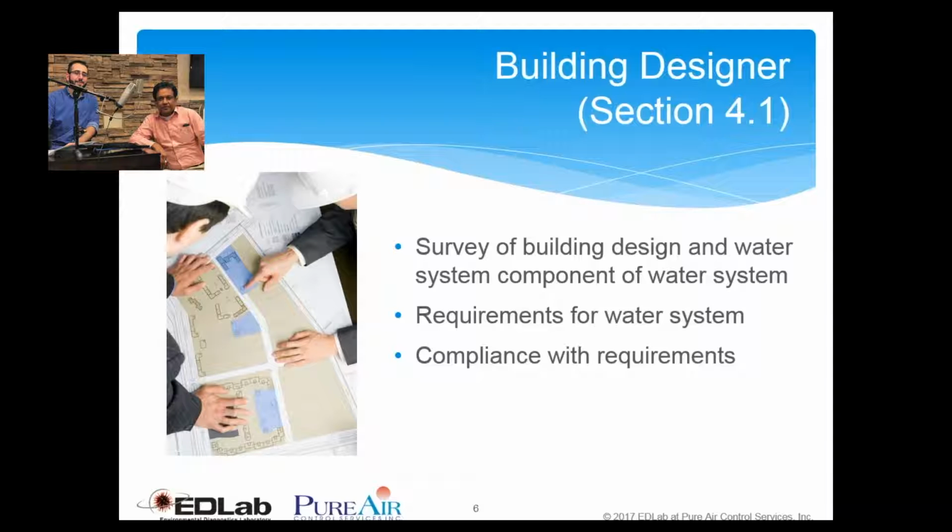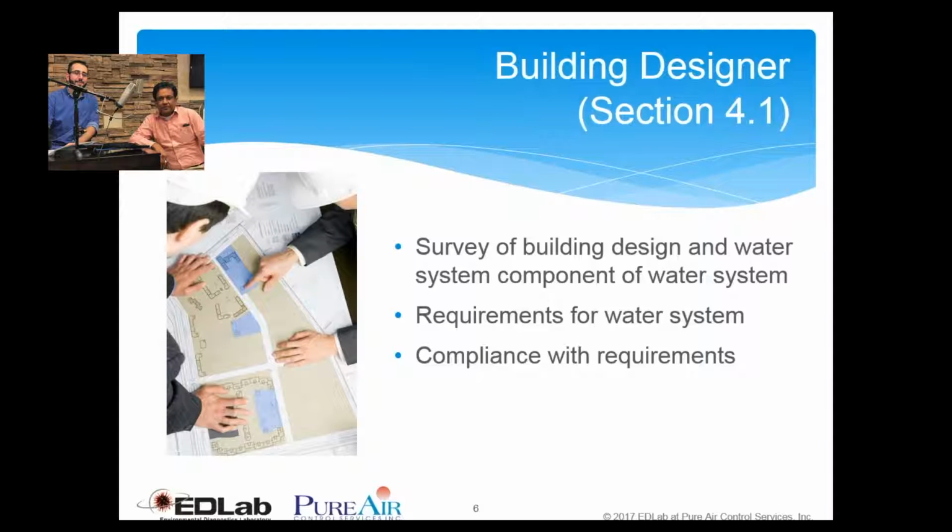The detail of that is mentioned under section 5 of this standard. That is the first part, the building designer, and the requirements for the building system, so that they can determine what kind of building water system needs to be placed.